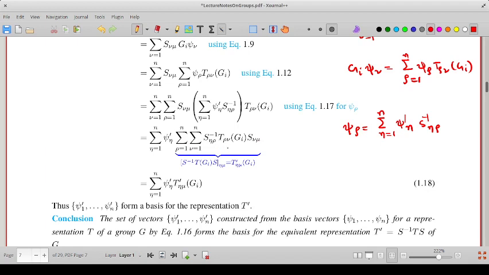We immediately identify this as the eta muth element of the matrix product S inverse T S. So we see that this is equal to S inverse T(Gi) S, then the eta muth element. But what is S inverse T(Gi) S? This is nothing but the equivalent representation T dash of Gi.